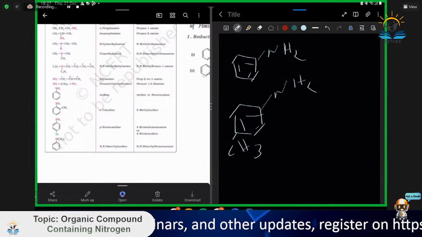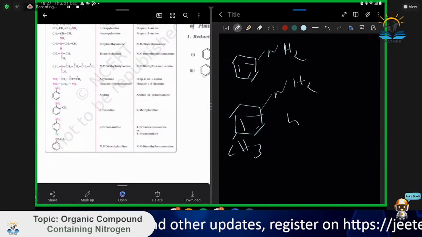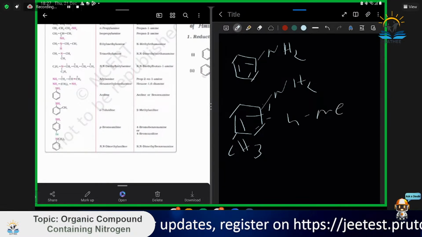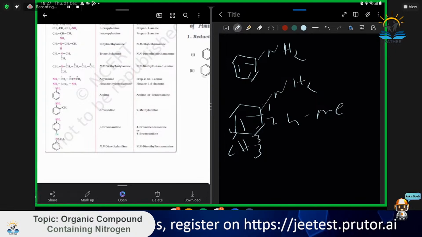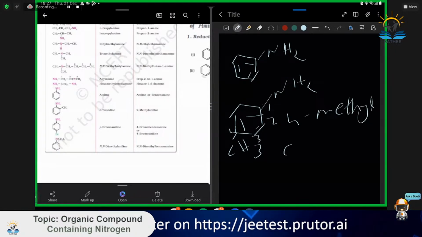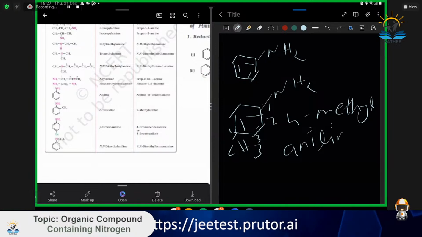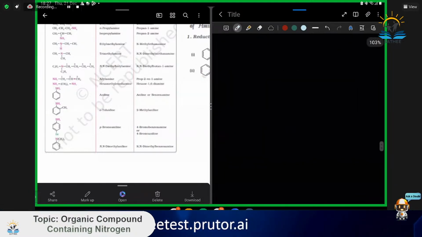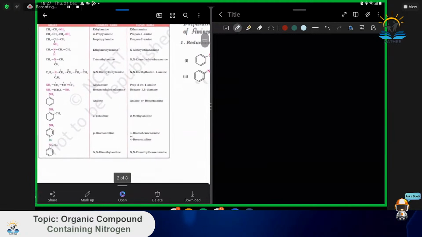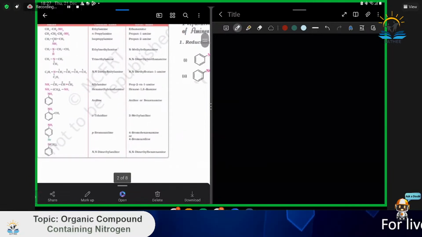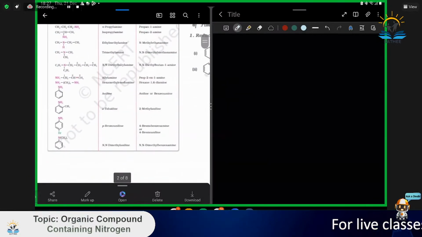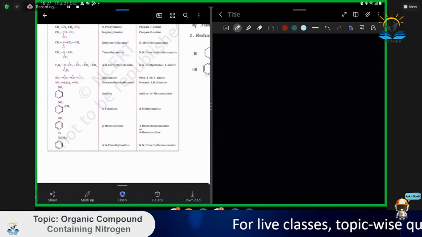So for ortho it's 2-methyl, and this is 4-methyl, like 1, 2, 3, 4. That's your normal nomenclature. Benzenamine you use in the last case, and then dimethyl benzenamine.